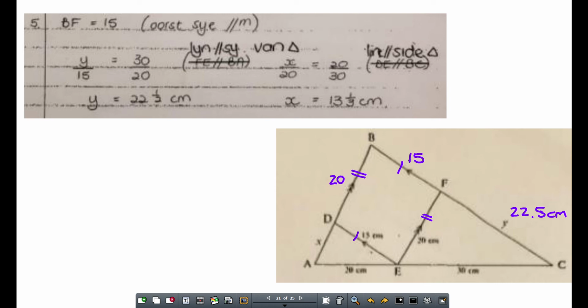Jy het na die hele ding gaan kyk as een groot driehoek. Maar dit is wat ons gedoen het, ons het heeltyd met die groot. Van DE.